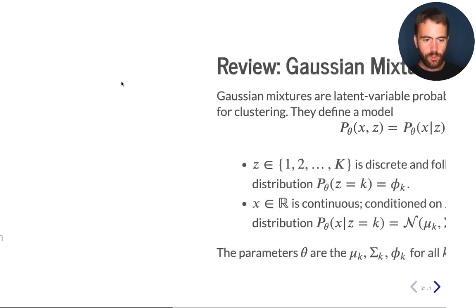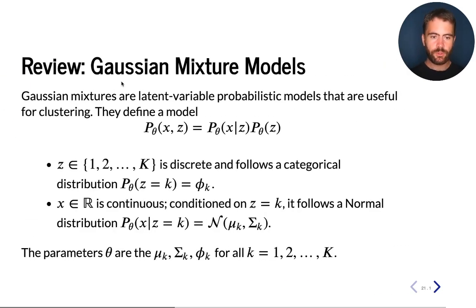So recall that a mixture model is a probability distribution that has the following form. Here we have a distribution over visible variables x and latent or unobserved variables z. The z are a cluster assignment given a point x.